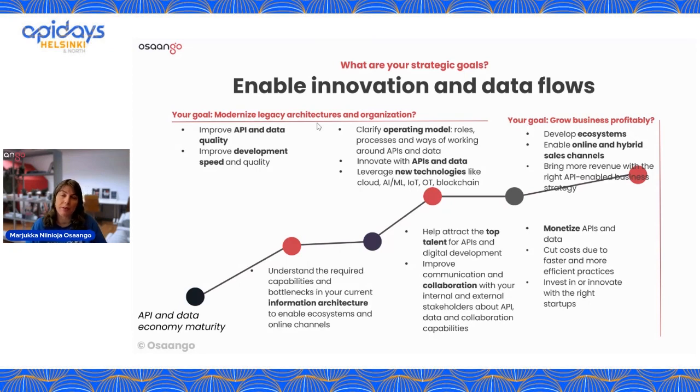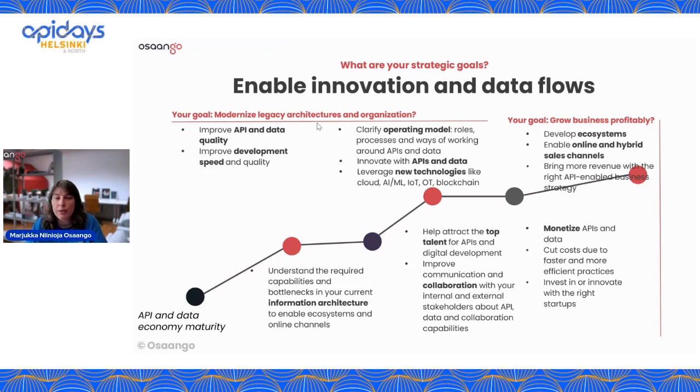Are we building the right APIs in the right way? And many times that needs a little bit of help on the operating model, on the roles, processes, ways of working around APIs and data. And it might need some collaboration together with these different stakeholders and different people with different backgrounds and education who don't really speak the same language.